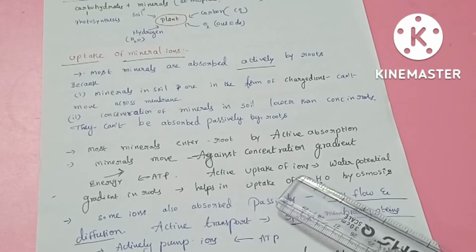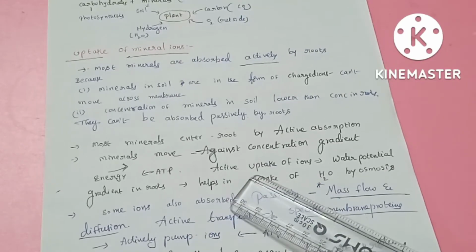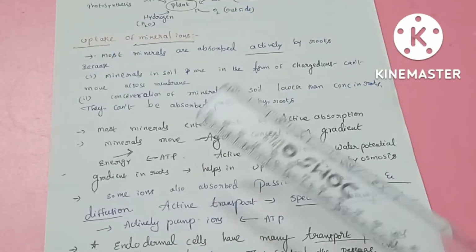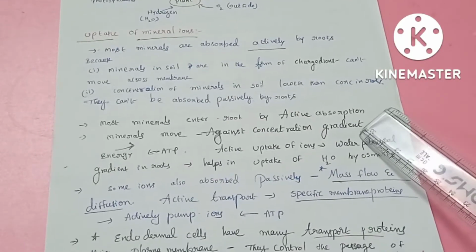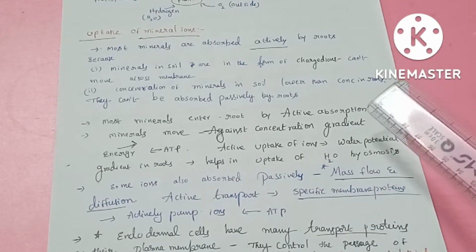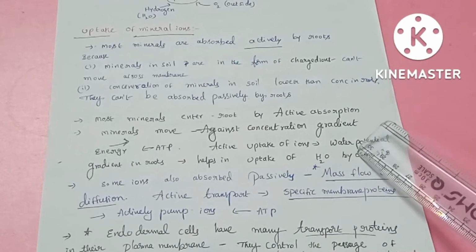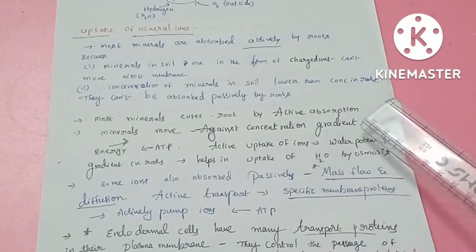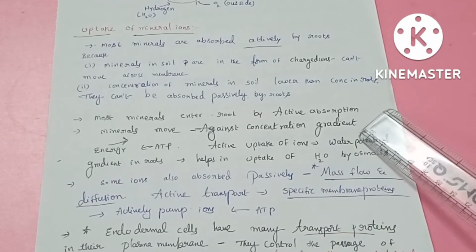Because of the active uptake of ions, a potential gradient is created in the roots. This gradient is helpful for the uptake of water by osmosis. With the active uptake of ions, the solute molecules enter into the roots, right?